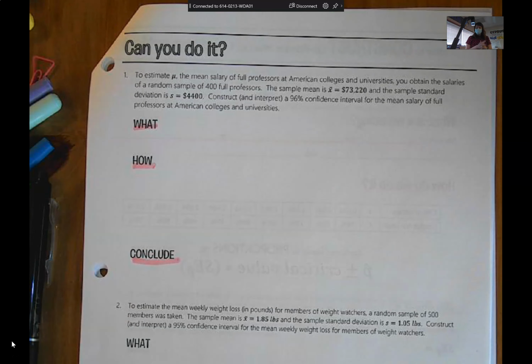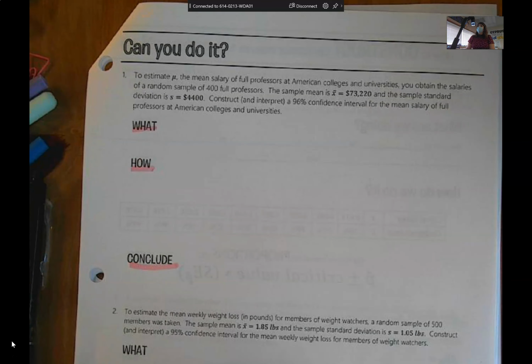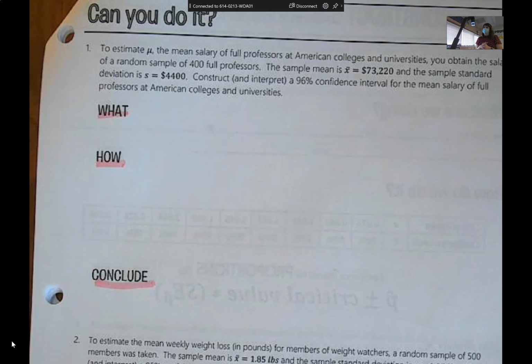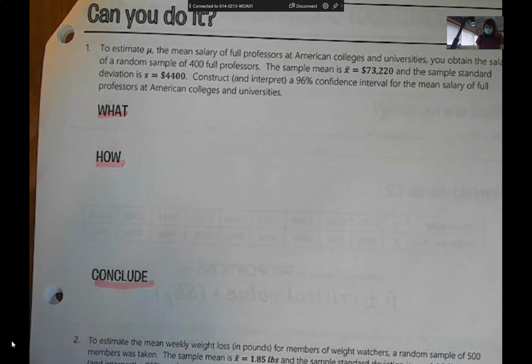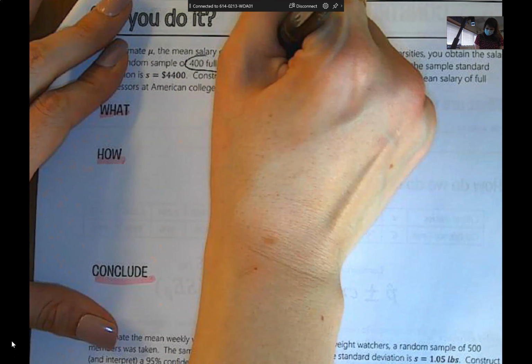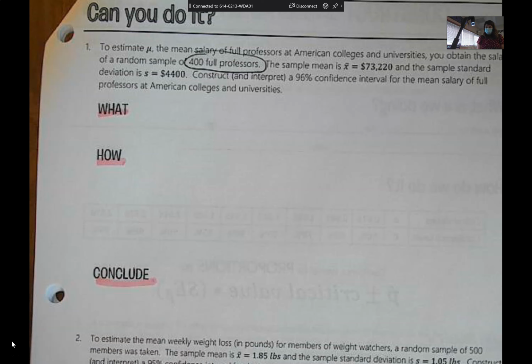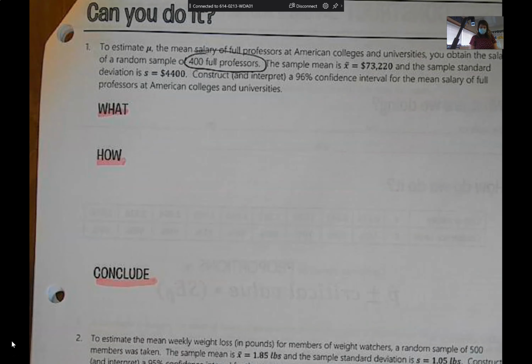So to estimate mu, the mean salary of full professors at American colleges and universities, you obtain a random sample of 400 full professors. Okay, so that's my N. I'm either going to circle that or highlight it. Now we get lucky in this problem because they just tell us the sample mean is 73,000 and the sample standard deviation is 4,400.